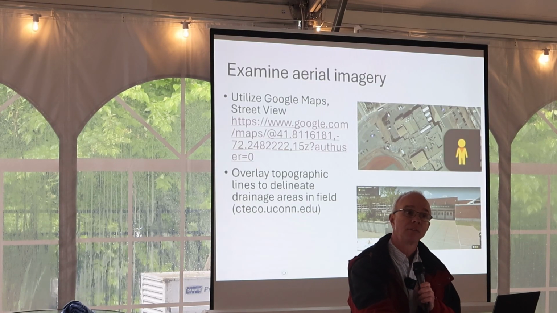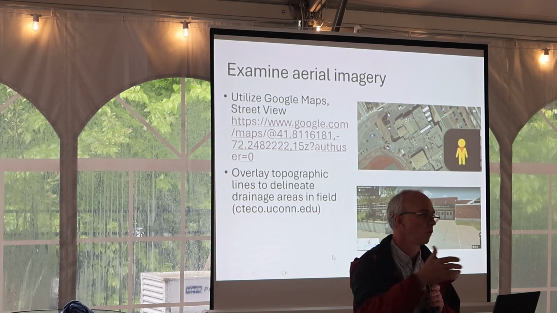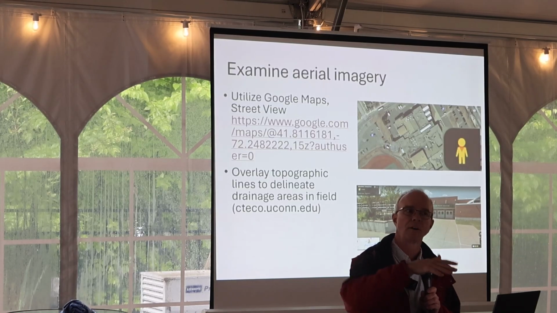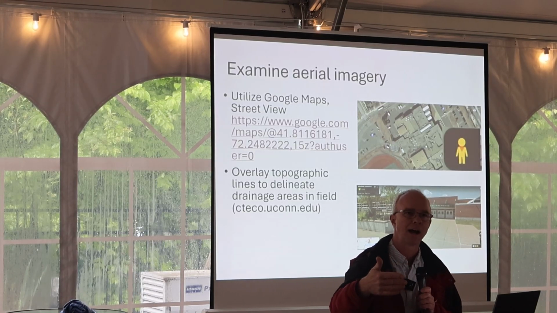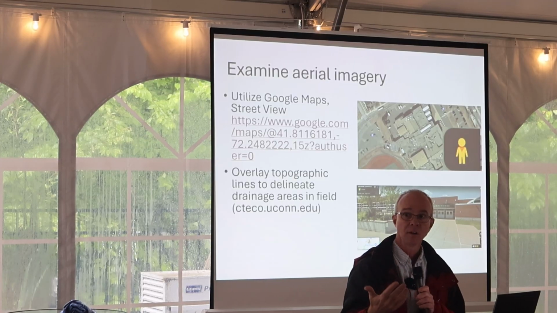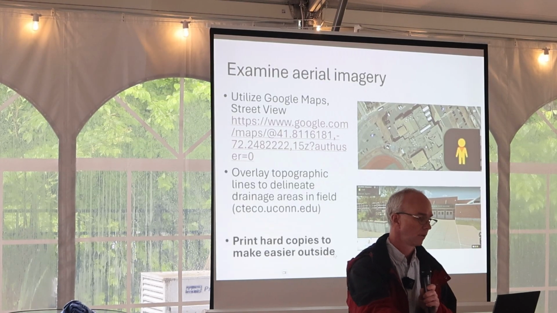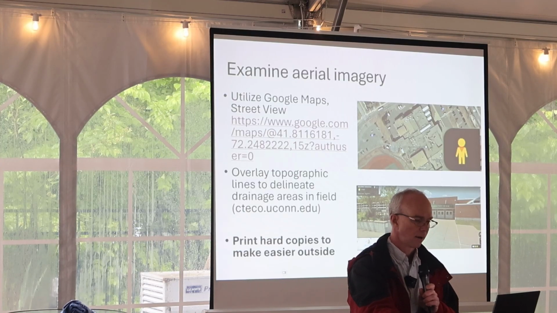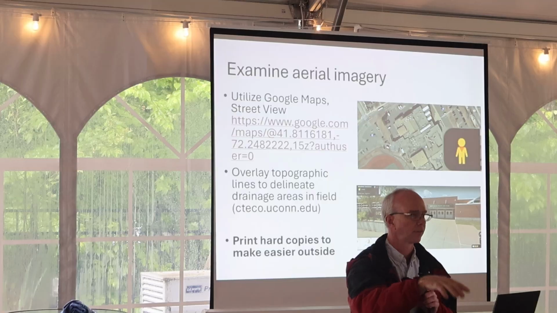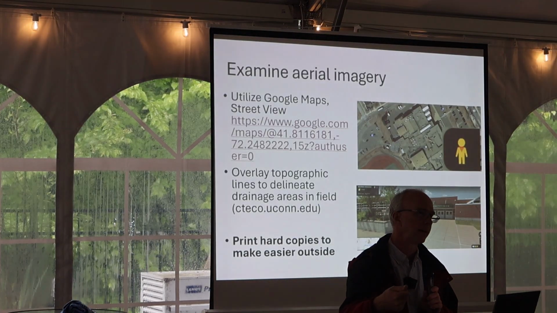For parking lots, it gets a little more complicated. We typically have to use topo lines, or topographic lines, to help figure out where the water's draining in a parking lot. Sometimes it's obvious if you've got a giant lot that slopes down to one end. But other times it can be challenging to figure out what the actual drainage area is. If you're doing this on your site, once you've got those topo lines, I'll show you this in a second, but generally it's handy to bring a hard copy with you outside.